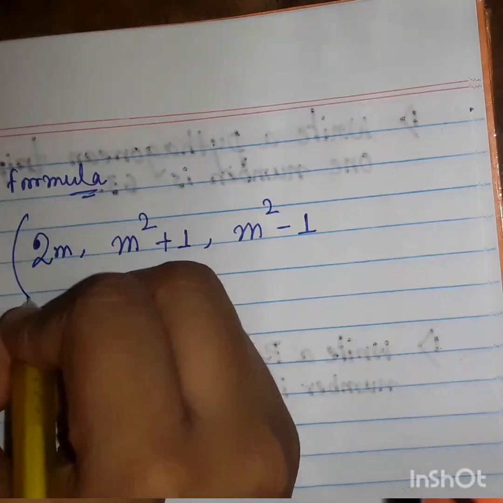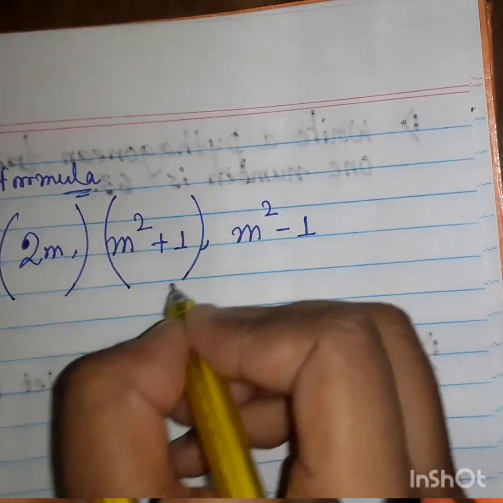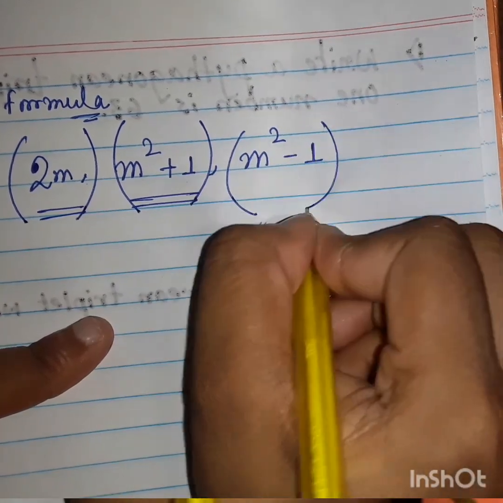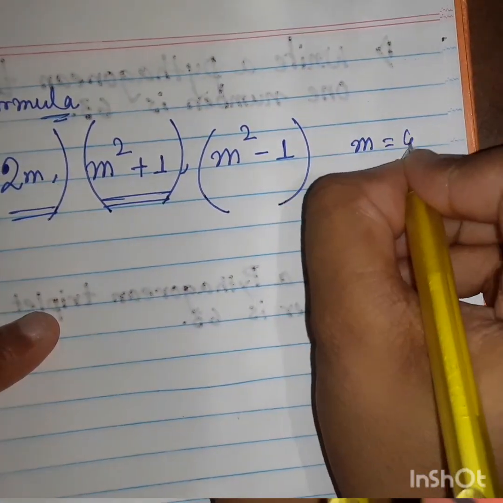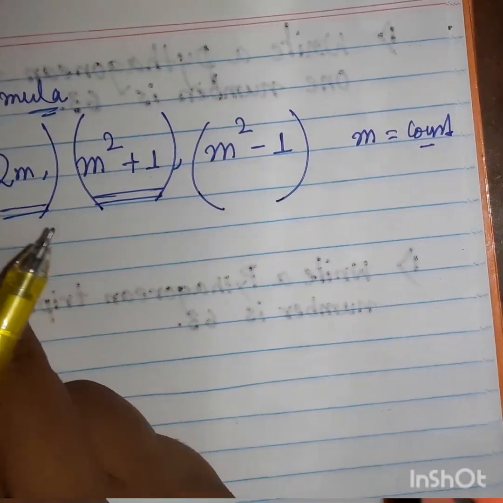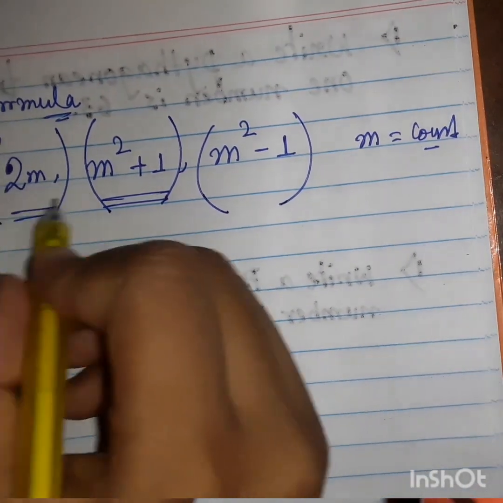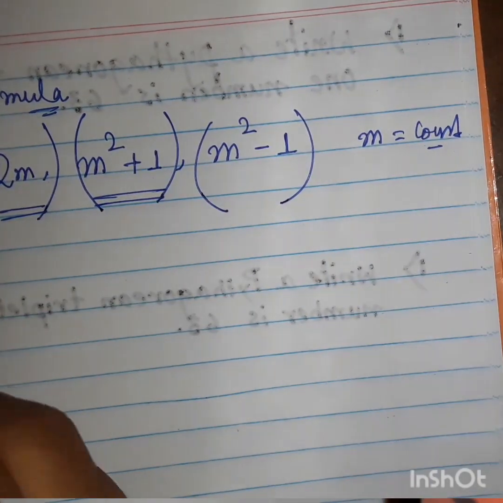That is, if a set has three numbers which are 2m, m square plus 1 and m square minus 1, where obviously m is a constant or natural number, then that will satisfy the Pythagorean triplet, or these three numbers of a set will be a Pythagorean triplet.